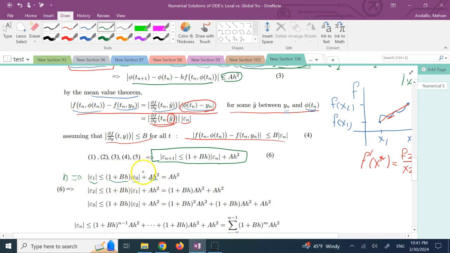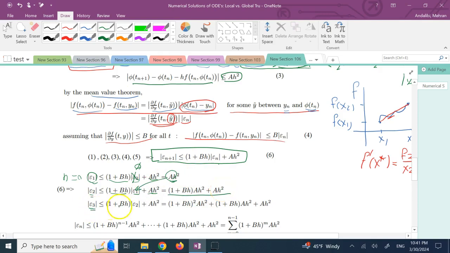Now at time 0, since we start with the exact solution, epsilon 0 equals 0. So it's just equal to ah squared, then the absolute value of epsilon 2 is less than or equal to 1 plus bh epsilon 1 plus ah squared. And then for epsilon 1, we replace it with ah squared here. Okay, so you're going to get this, right?